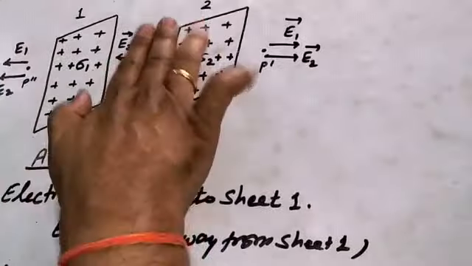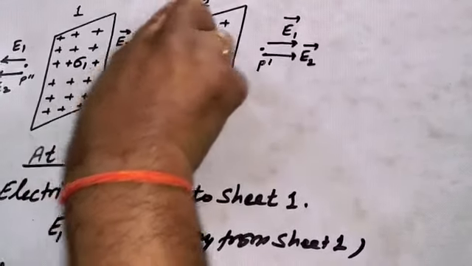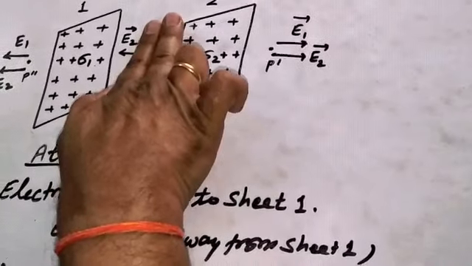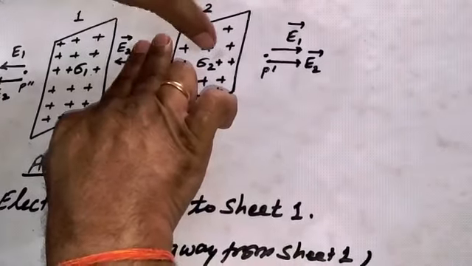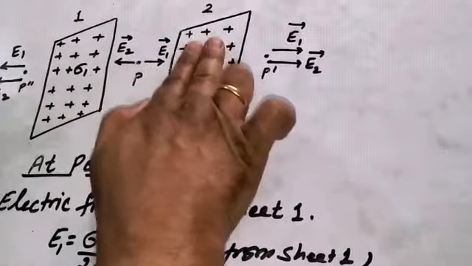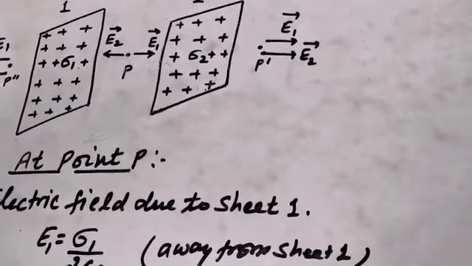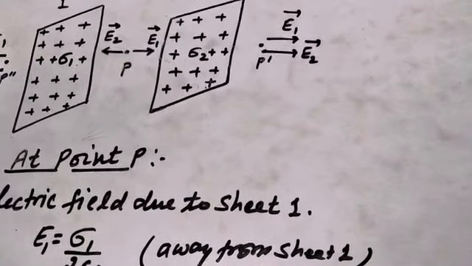It means forget this other electric field here. The electric field only due to this sheet of charge at point P is E2, which is directed away from this sheet of charge, means away from sheet 2.